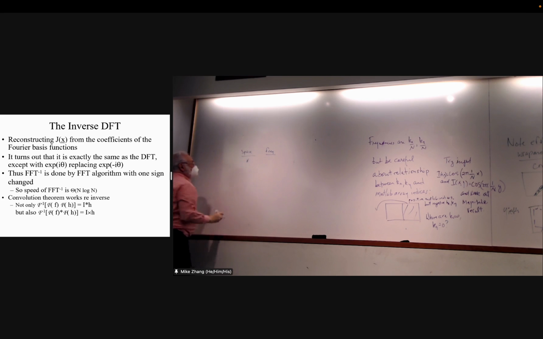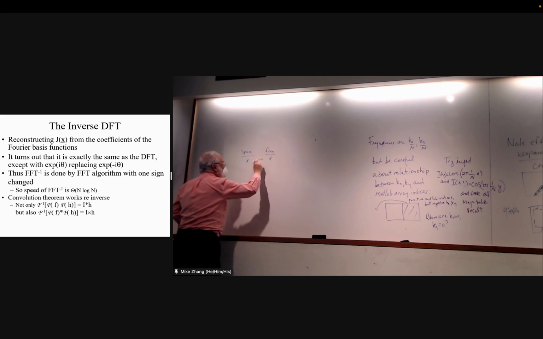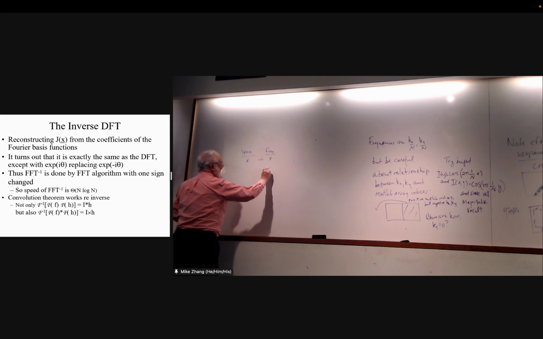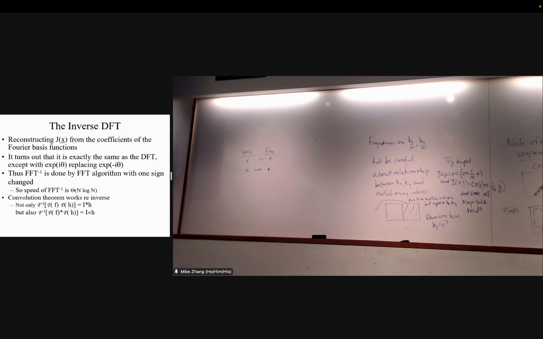If you have convolution here, it turns into multiplication if you do it by the frequency domain, right? Element by element multiplication. But since it's true, because of the way the inverse works, it's also true that multiplication in space gives you convolution in frequency.